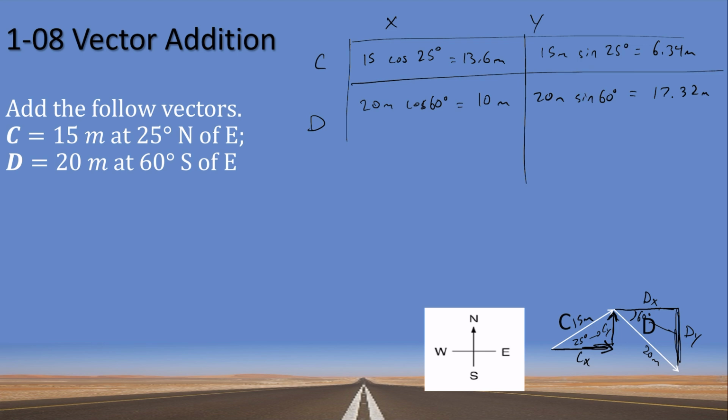Now let's check for positives and negatives. It's going to the right, so that's positive, but it's going down, so the y component is negative. So now I can add these. I have my components, now add them. So we look at 23.6 for the x and negative 10.98 for the y.